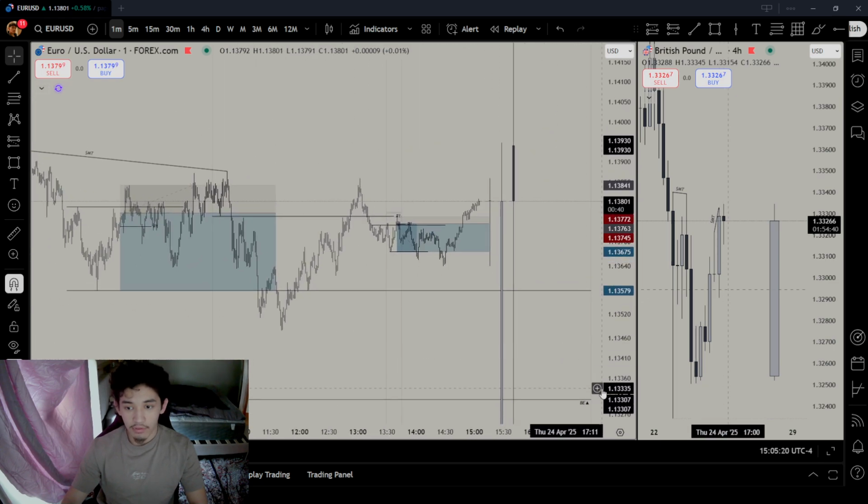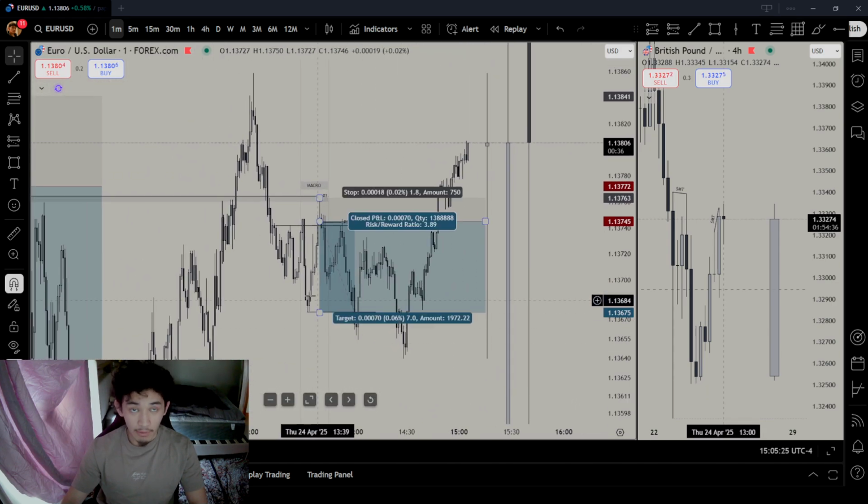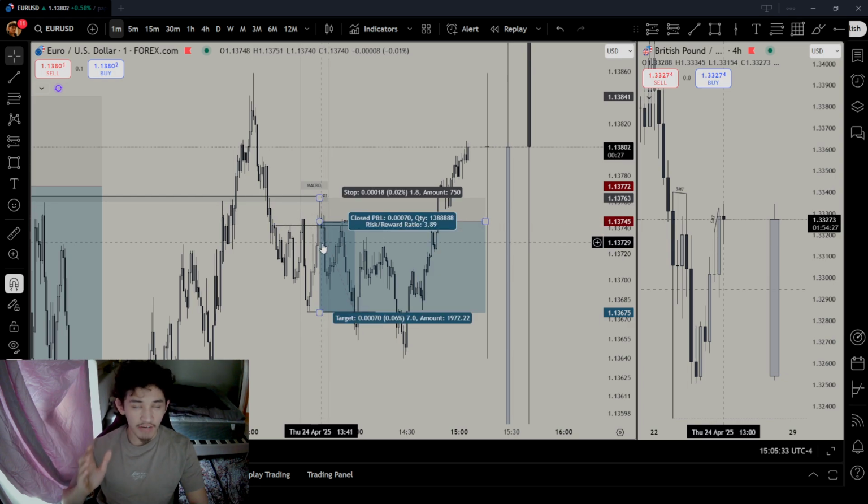And the fourth and final reason, the only time you want to trade this PM macro CRT, which is considered to be the lower time frame CRT within the higher time frame CRT, is if there's a CRT that happened during the AM session.